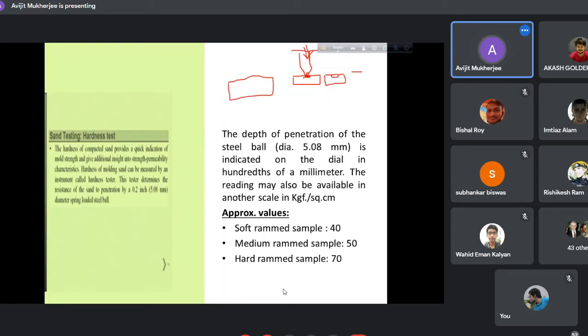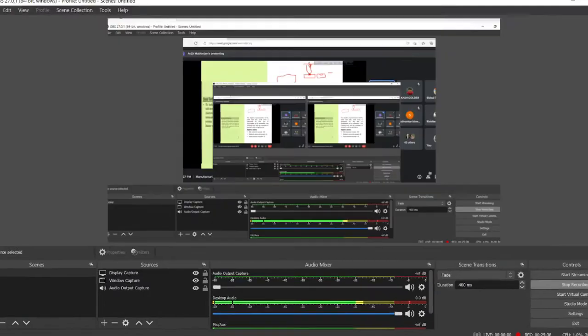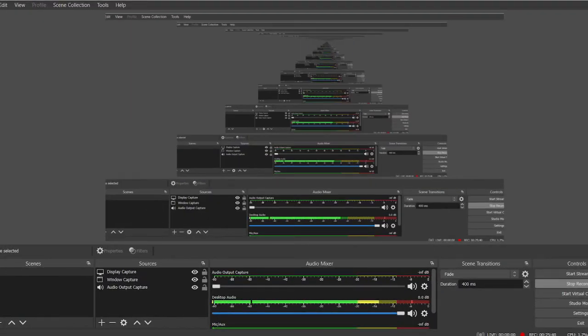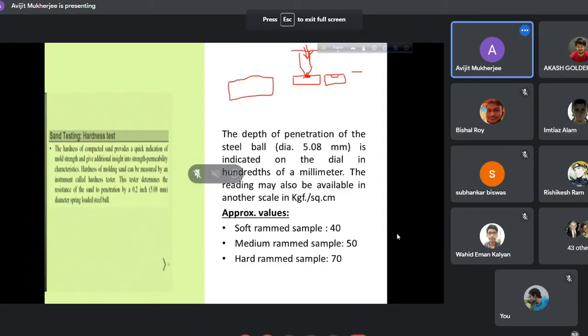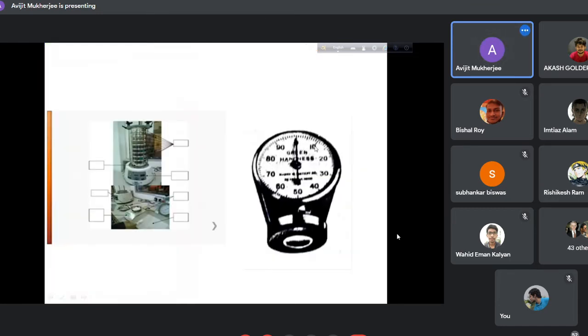And the instrument that will give you that measure is the hardness tester machine. In case of sand testing, we use a hardness testing machine which looks like this one. There is a dial, and this is the machine altogether. There are various switches and knobs, and a platform.